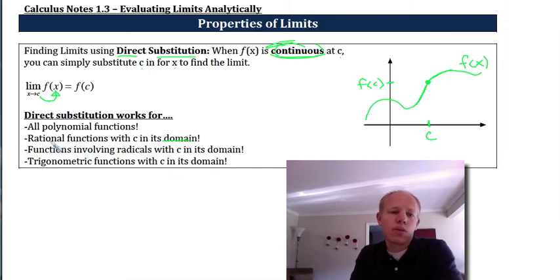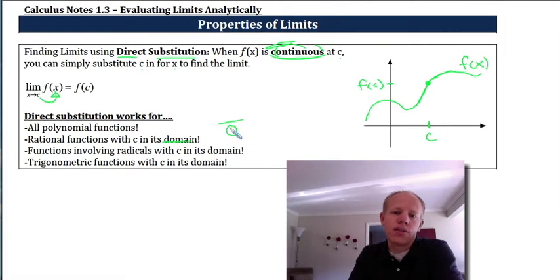So some things we've got to watch out for in rational functions is the dreaded divide by 0. That is the only time, if c gives us this, that it's not going to work. For functions involving radicals, something to watch out for is if you have an even index, you cannot have a negative.